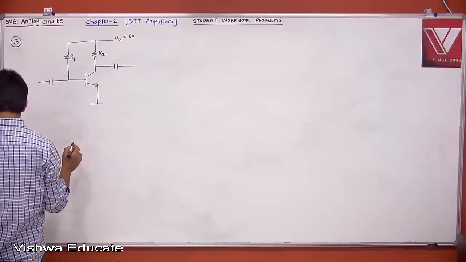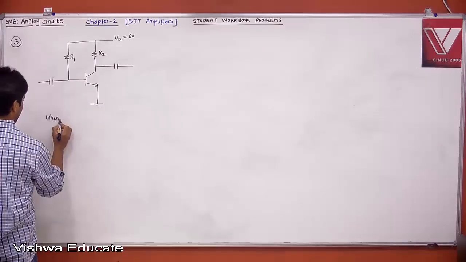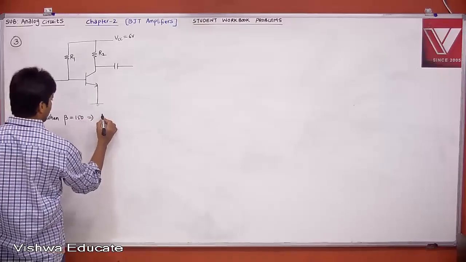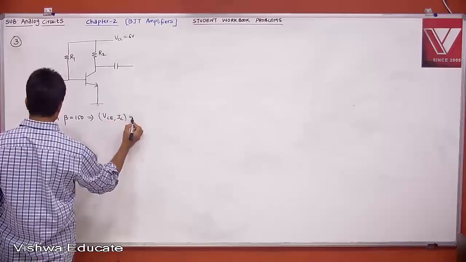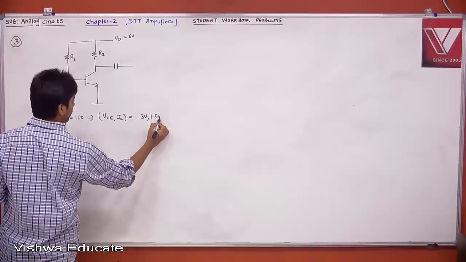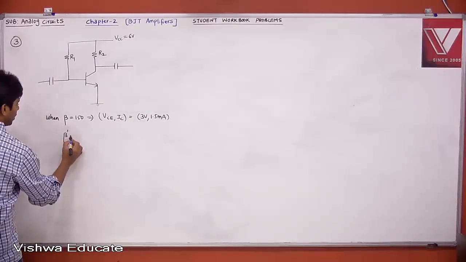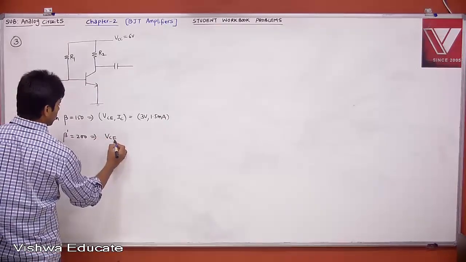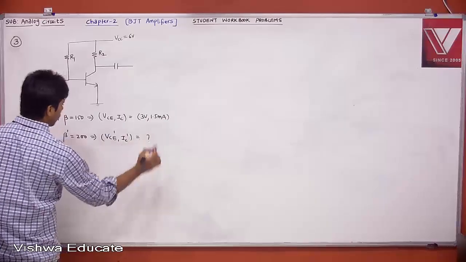Now the problem is, when beta is 150, your operating point VCE, IC is 3 volt, 1.5 milliampere. Now what is being asked: when the new beta, let us say beta dash, is 200, what is our new VCE and new IC? This is the problem statement.